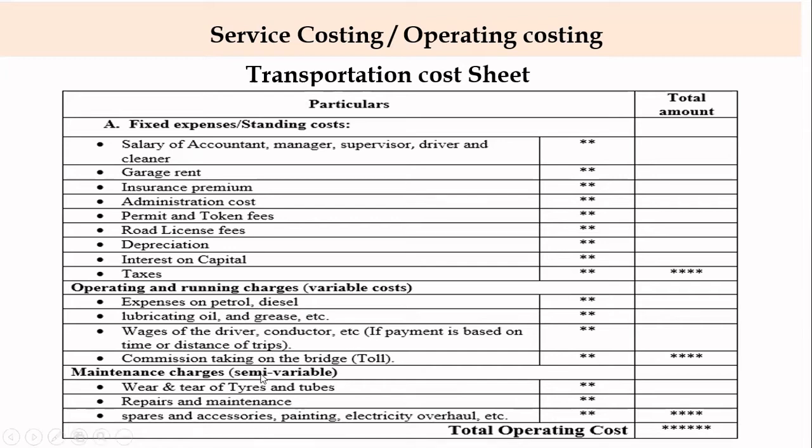And the third point is maintenance charges or semi-variables. Wear and tear of tires and tubes, repairs and maintenance, spares and accessories, painting, electricity, haulage, etc. In order to maintain the vehicles in good condition, we have to incur some charges, and those charges are called maintenance charges or semi-variable costs.